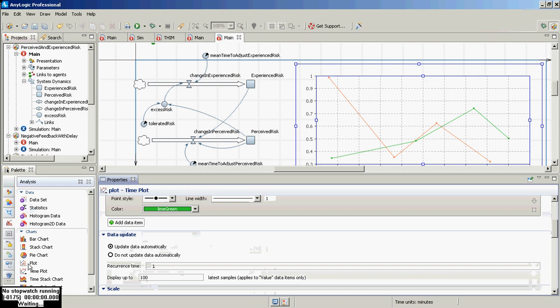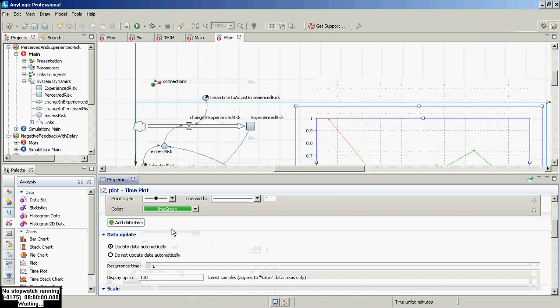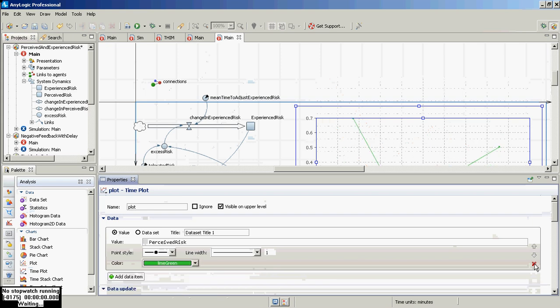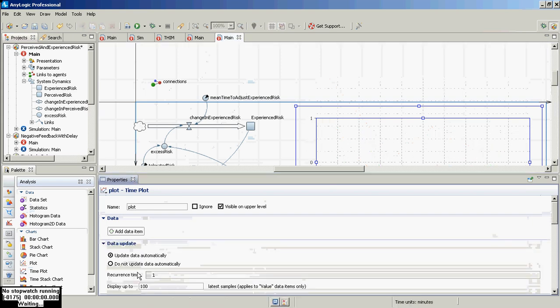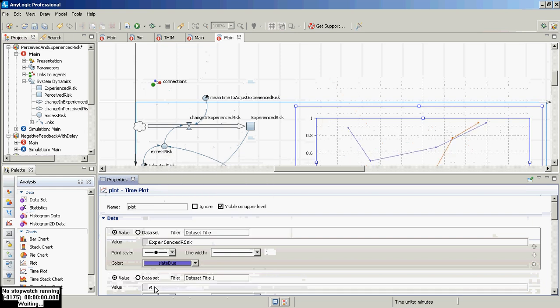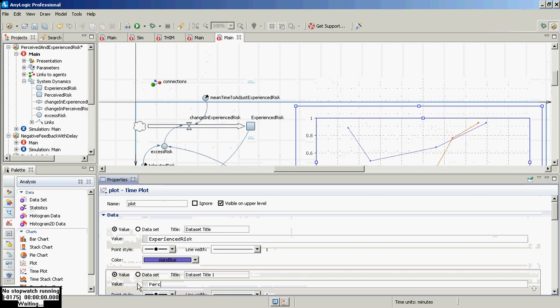I dragged in time plot from analysis, and while this is selected, I went up here, and I can delete these, and then you could see it from scratch. So here's time plot, and I just did add data item, and I typed in experienced risk, and then I did add data item again, and I did perceived risk. There you go. People okay with that? People following that?